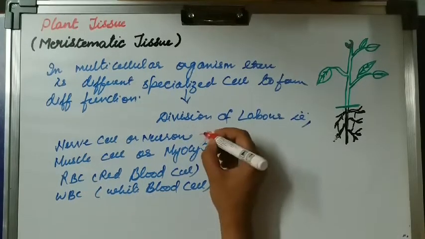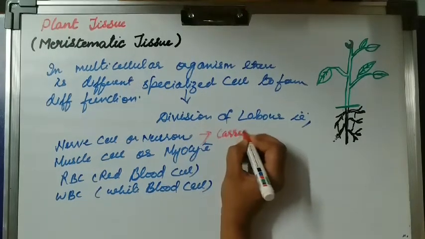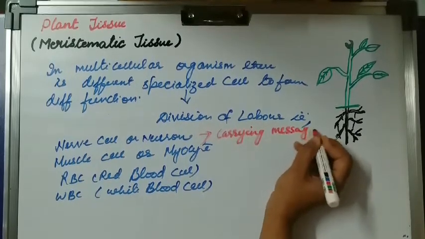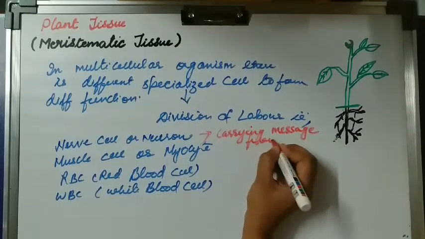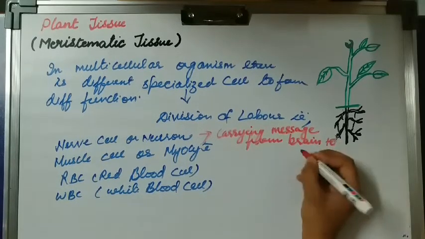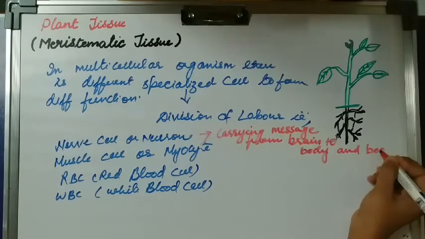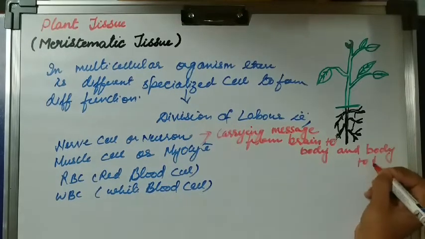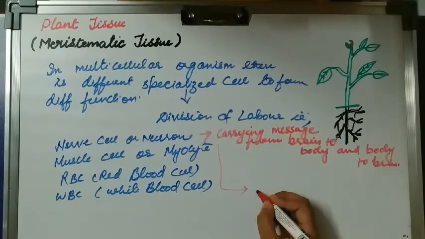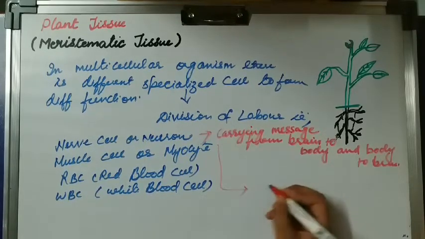So this neuron has the function of carrying messages from brain to body and body to brain. Muscle cells have a function of movement, specialized in making all movements.